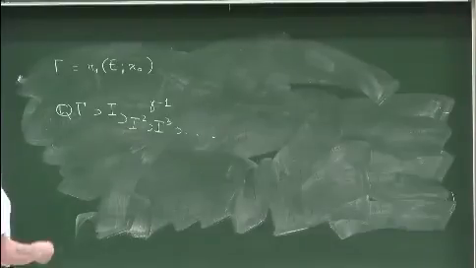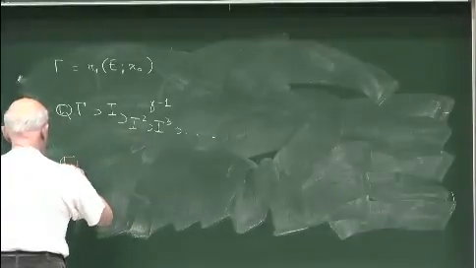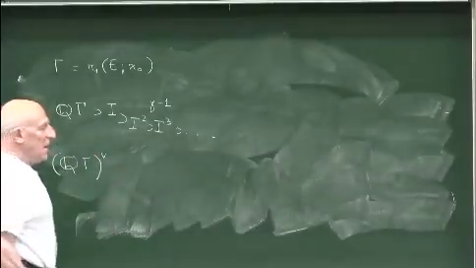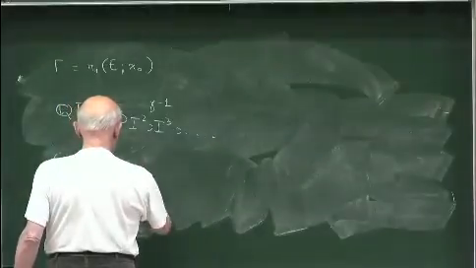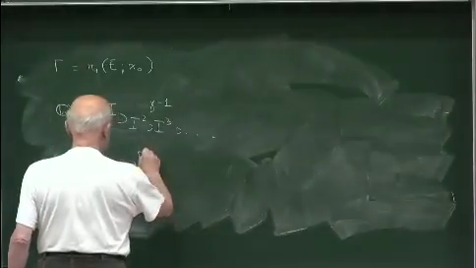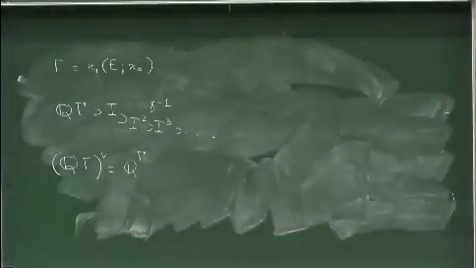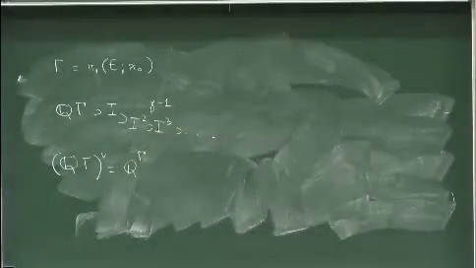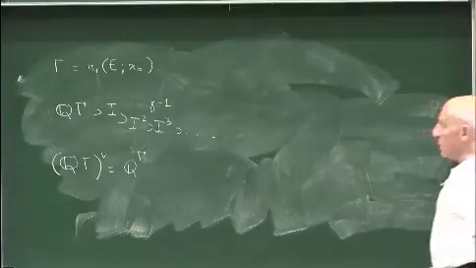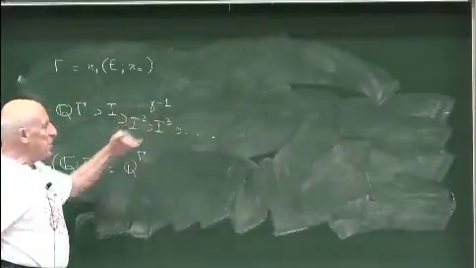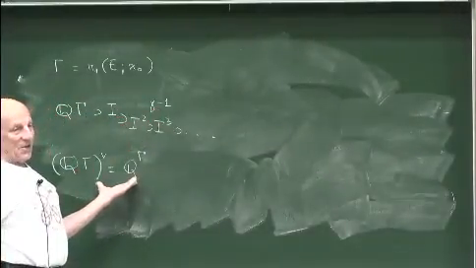By duality, what is the dual of the group algebra? It is the set of functions from gamma to Q. The elements of gamma being a basis, a linear form is defined by its value on the basis. Now, if you have this decreasing filtration, by duality you get an increasing filtration.